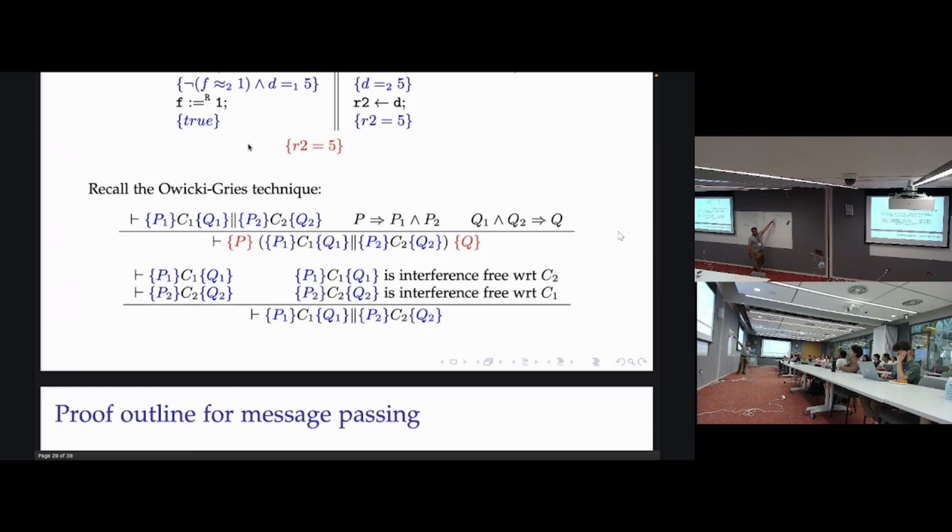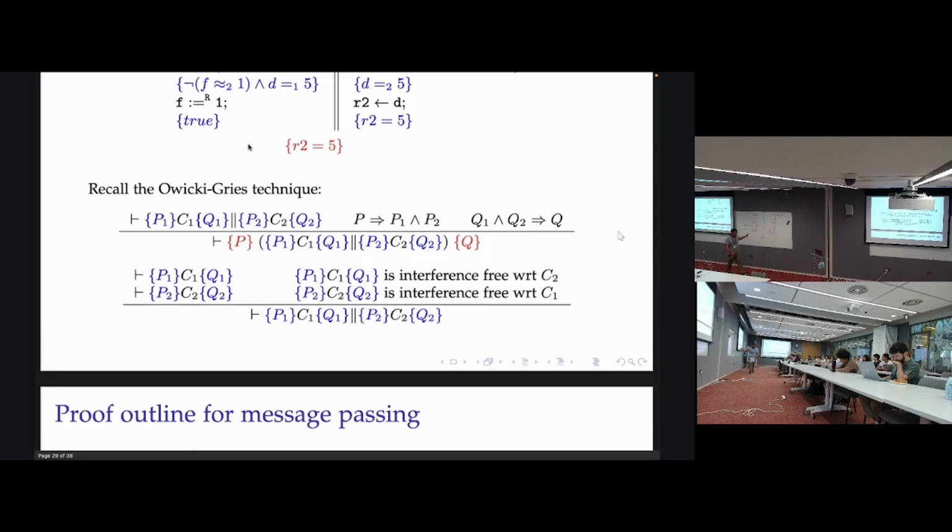What happens to my precondition? It's broken, it doesn't work anymore. So because of interference from this external thread, things that I thought were locally true are no longer locally true. They're not valid because of interference.